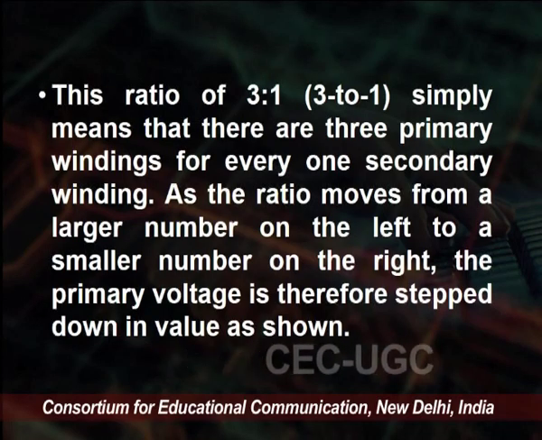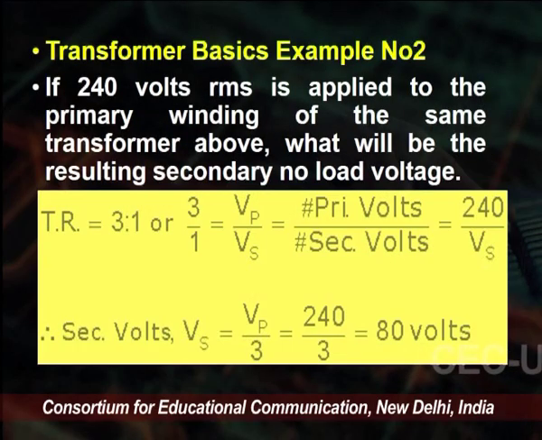down in value. Another example we can take: if 240 volts RMS is applied to the primary winding of the same transformer, then what will be the resulting secondary load voltage? You can see TR 3:1, that we can define as Vp by Vs, because we know that primary voltage by secondary voltage, primary is 240 by Vs, that we are calculating.